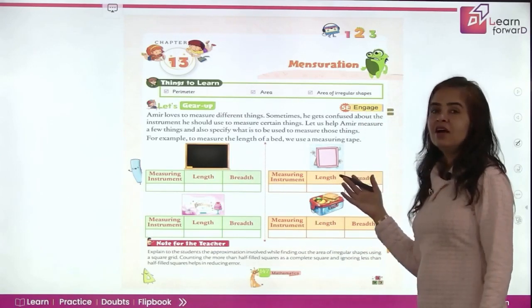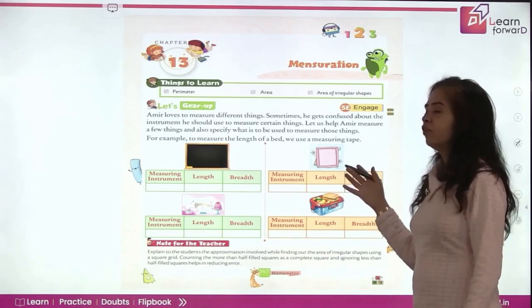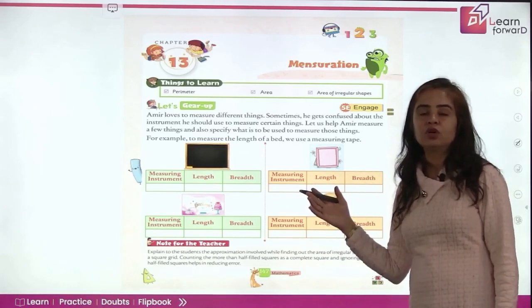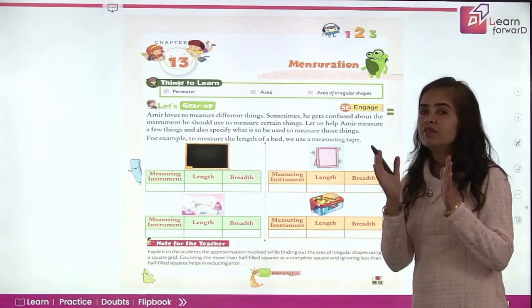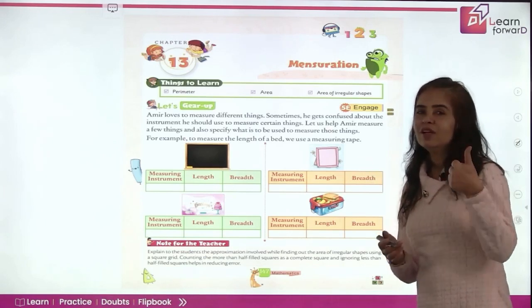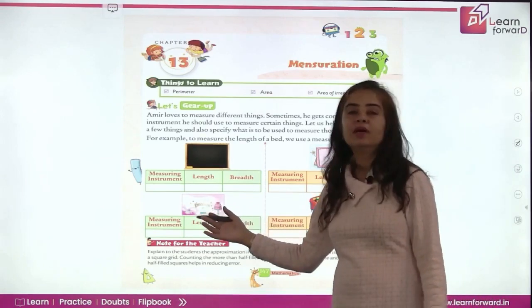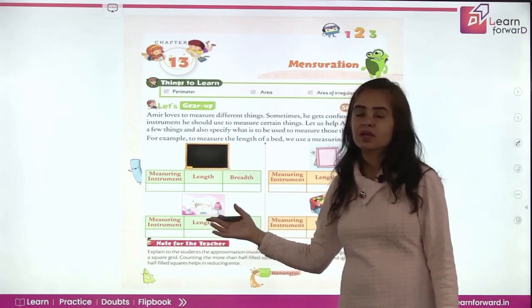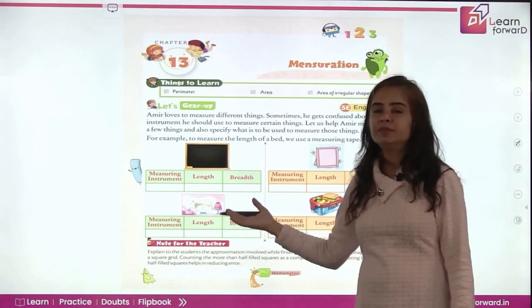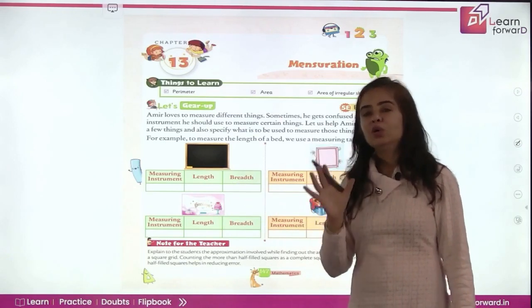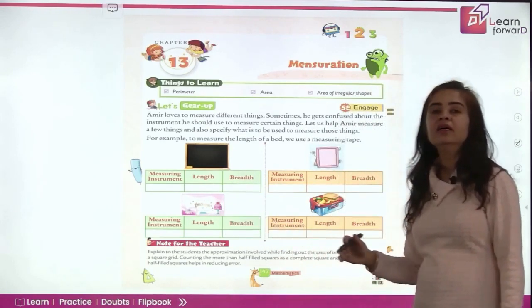Now this is a photo frame. For a photo frame, you can take any photo frame at your home, and because it is a smaller one, what will you use? The ruler from your geometry box. Similarly here, for a birthday invitation, you will be using a ruler again and writing the length and breadth.